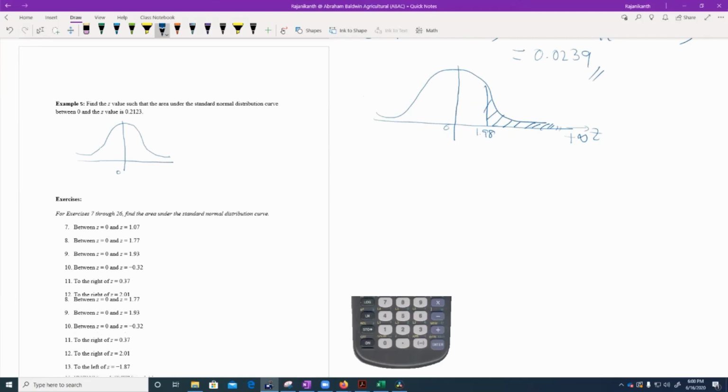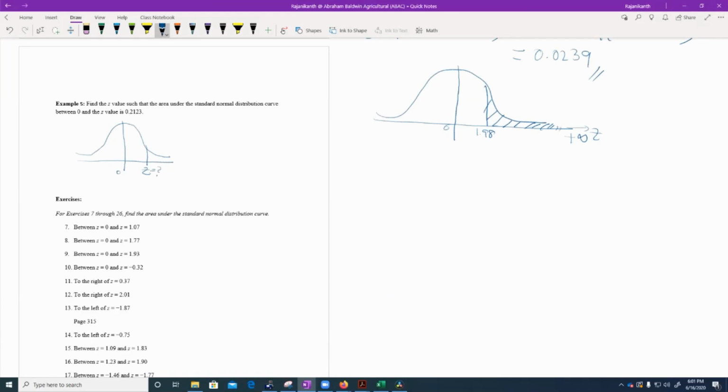The area they are talking about is between 0 and another side, where we don't know the z value. This is the one they are asking us to find. But you know the area now. The in-between area is given: 0.2123.